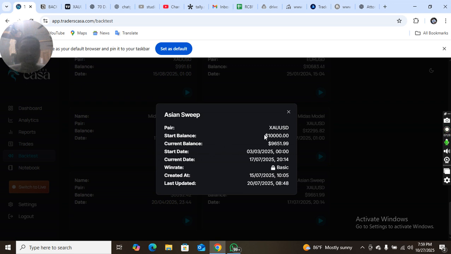So the current balance: I started with $10,000, and the current balance after the backtest, after the 100 trades, is currently sitting at $9,651.99.